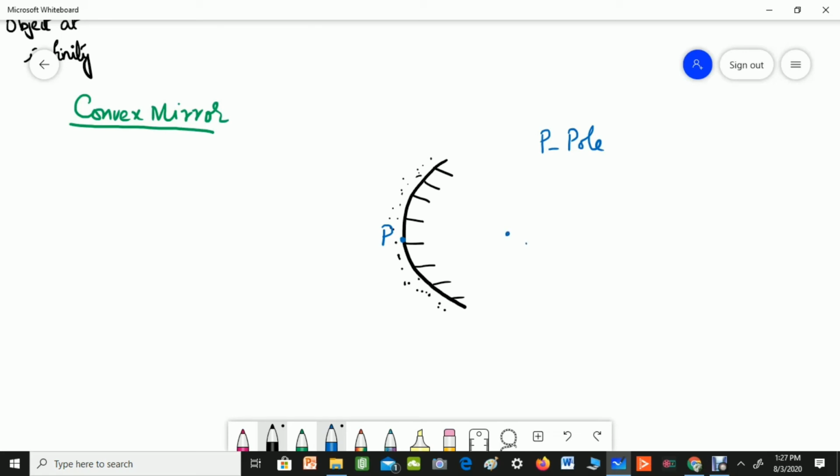So this is the center of curvature C, and the imaginary line passing through the center of curvature is called the principal axis. So C is the center of curvature, and this line represents the principal axis.